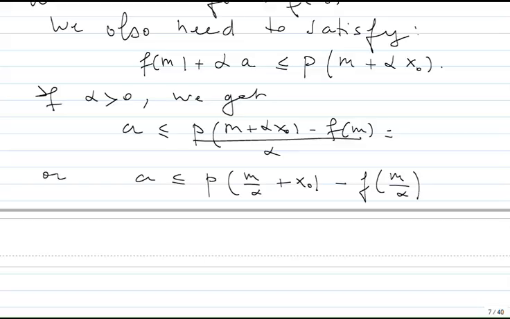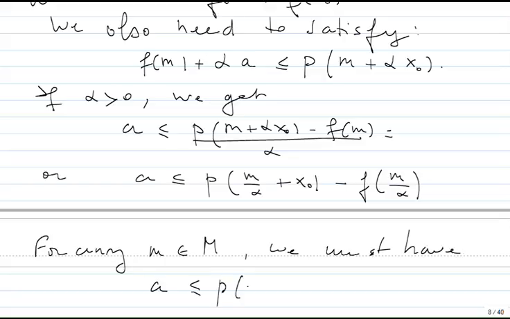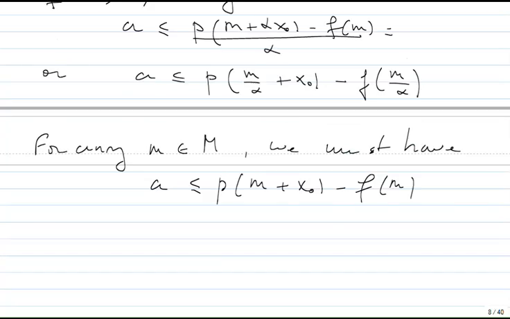Okay? Which means that for any m in M, we must have a less than P of m plus x0 minus f of m. And of course here I use the linearity of the subspace M to see that m belongs to M if and only if m over alpha belongs to M.